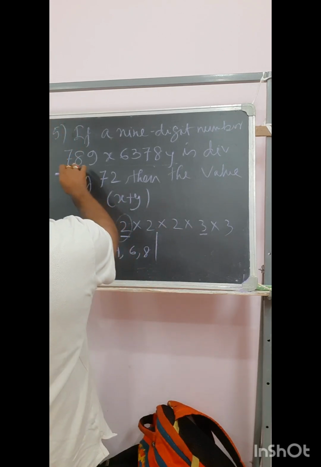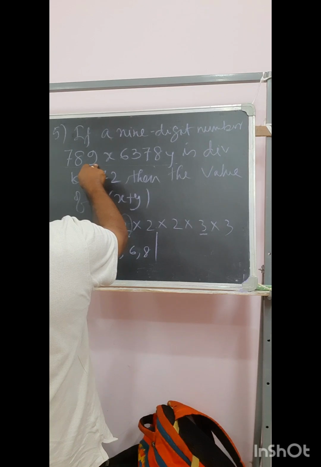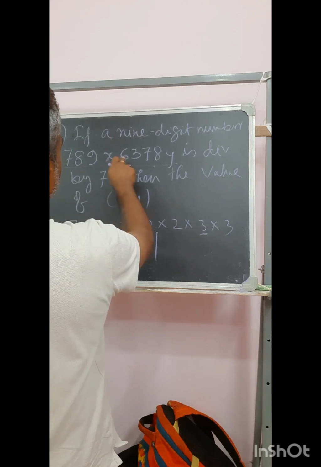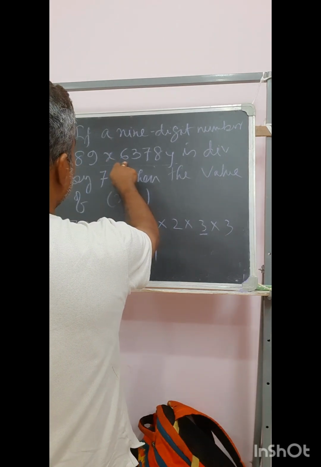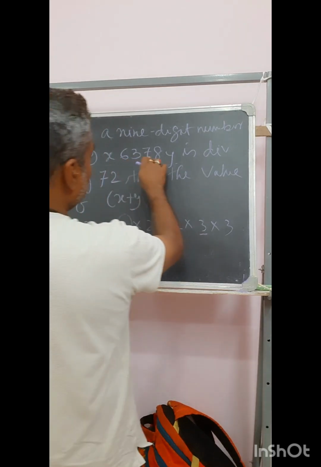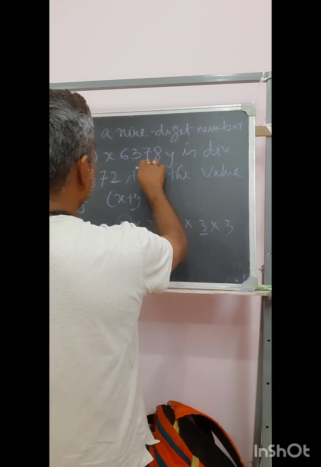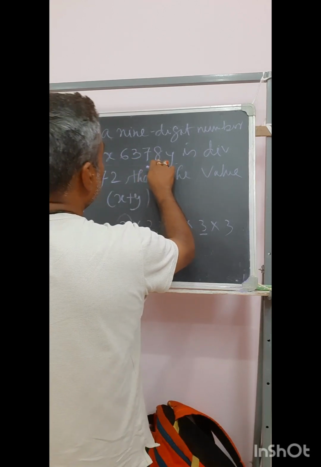So let me see. 7 plus 8 is 15, plus 9 is 24, 24 plus 6 is 30, 30 plus 3 is 33, plus 7 is 40, 40 plus 8 is 48.